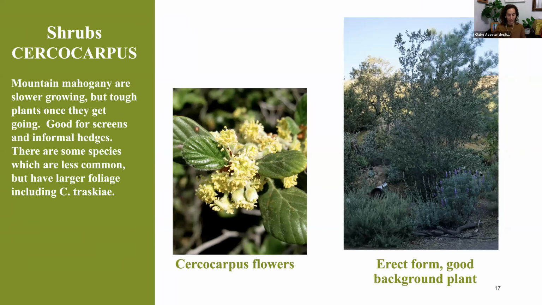Cercocarpus is one of my faves. Cercocarpus betuloides is mountain mahogany. These are really great, heat tolerant, drought tolerant, great for erosion control and good for restoration projects. They are slow growing, but very tough once they get established, and they can be really good for screens and privacy, creating a hedge or whatnot.